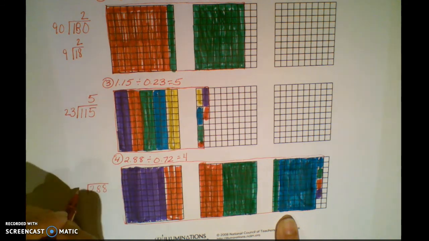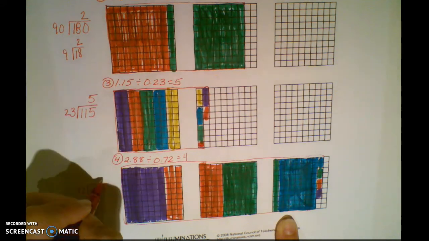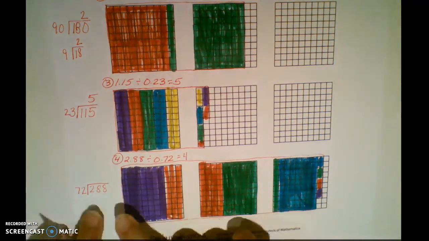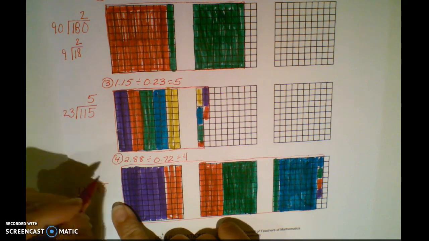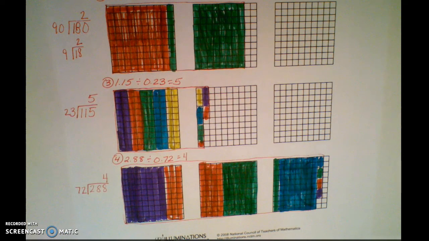And I divided it into groups the size of 72. And that gave me 4 groups. Pause the video and see, what is 288 divided by 72? Did you figure it out? Did you get 4? Well, there you have it.